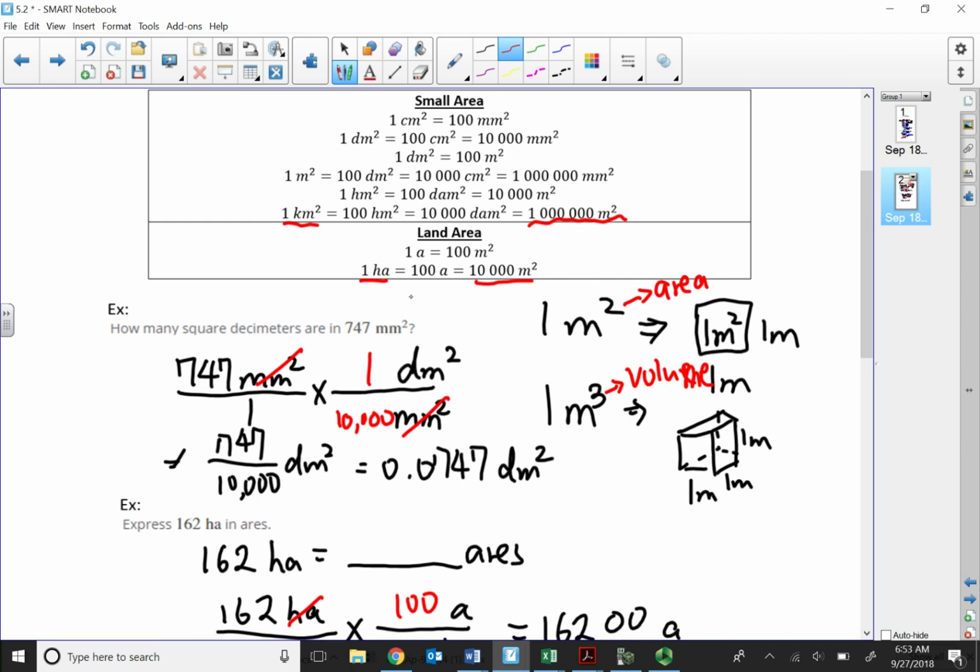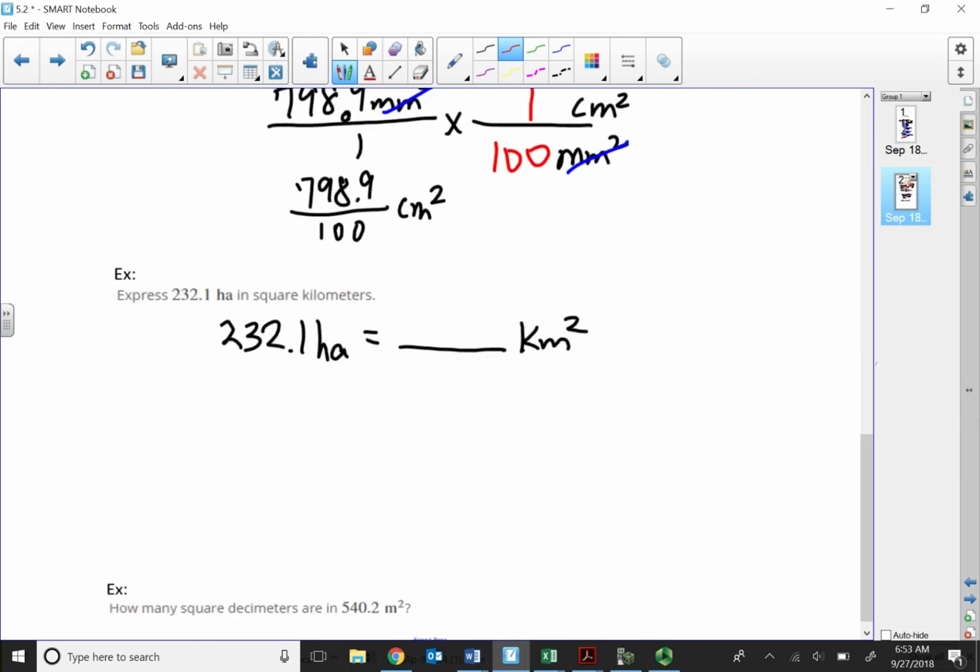So that tells me I can go from hectare to square meters and go from square meters to square kilometer. Okay, kind of strange. Hectares convert to square meter and we can go from square meters to square kilometer.